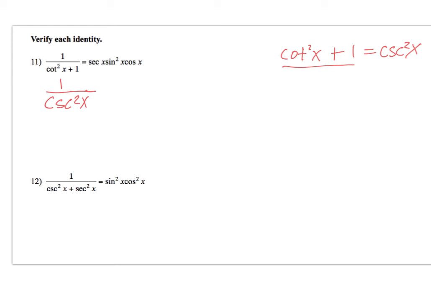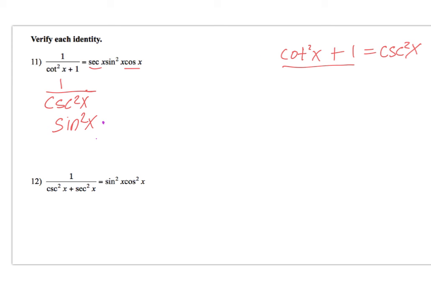And then I noticed that the stuff on the right doesn't quite look like this. I'm going to have to do some careful trickiness to make this work, because what I have right now, 1 over cosecant squared, is the same as sine squared of x, but I'm missing the secant and cosine. What I'm going to do is kind of weird.